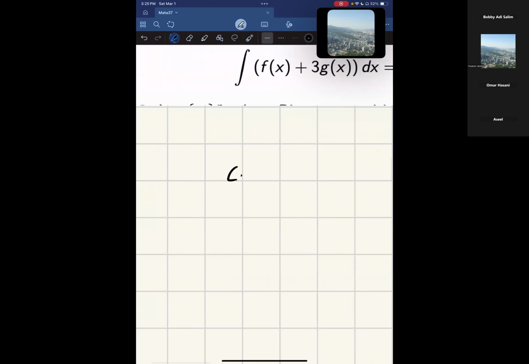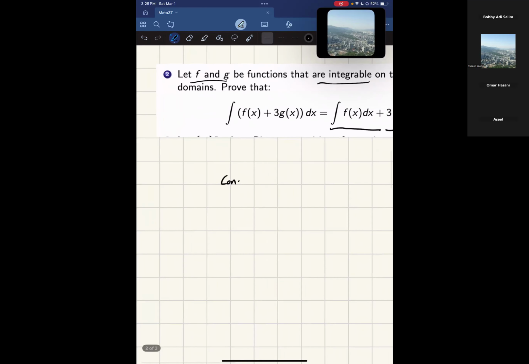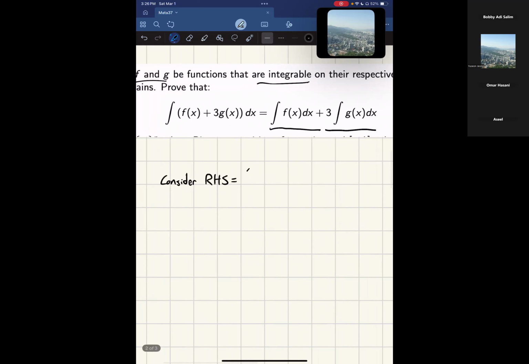So consider the right-hand side. This is equal to the indefinite integral of f of x dx plus 3 times the indefinite integral of g of x dx.